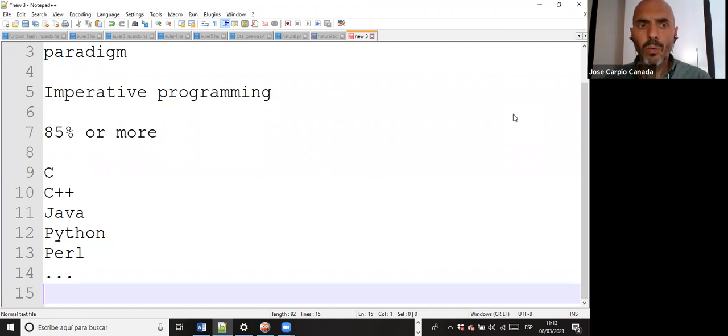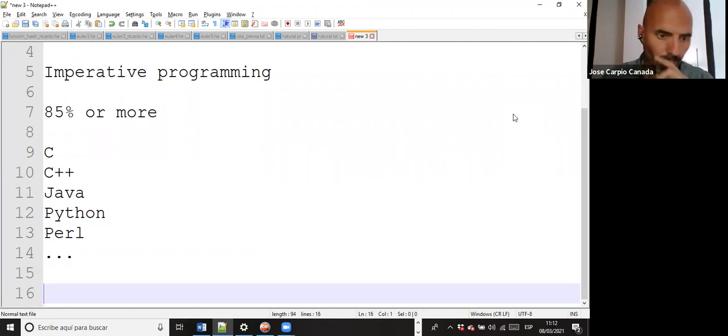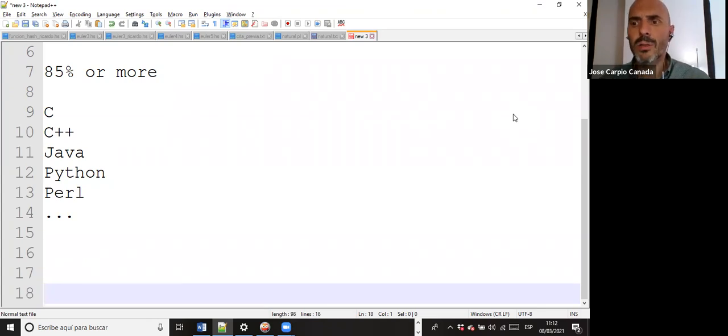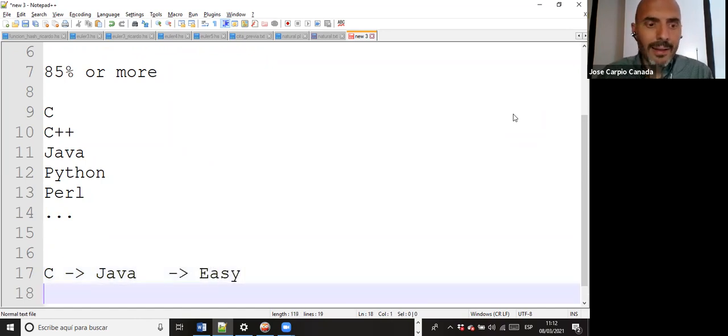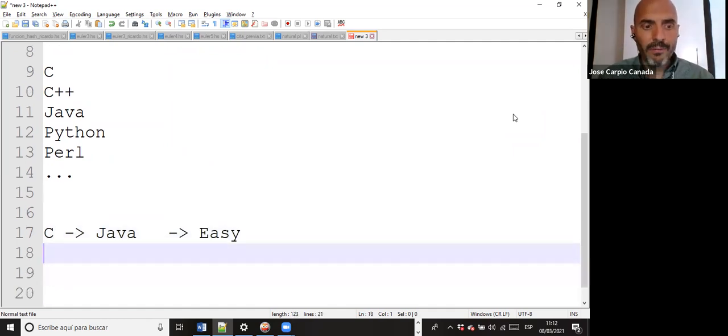if you want to move from imperative languages to declarative languages, things change. Things change a lot, because changing from C to Java is more or less easy, but trying to program from C to Prolog is not easy.